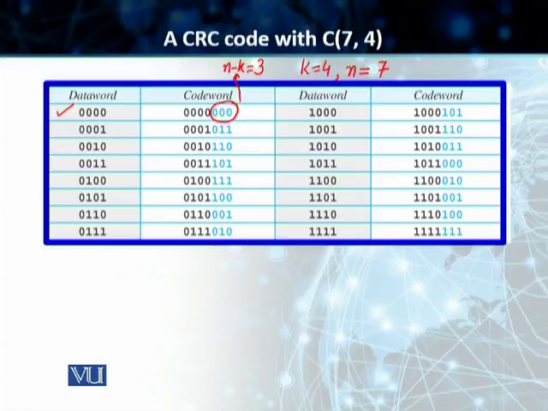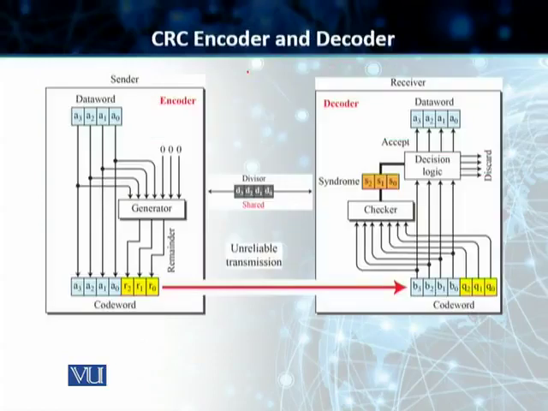Now students, to see how we are going to calculate these data bits which we have appended, we need to look at the CRC encoding and decoding process. Students, on the left hand side you have the encoder, and we have a data word which is 4 bits.